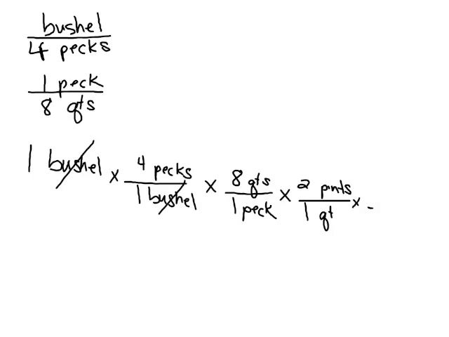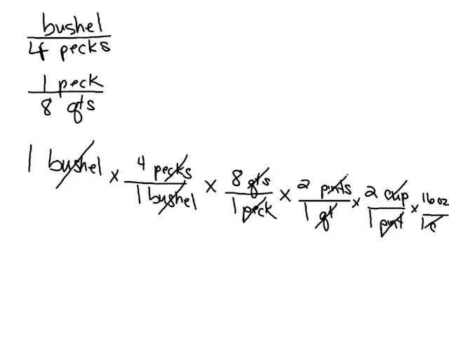And then pints to cups. How many cups are in a pint? 2 cups, 1 pint. And then cups to ounces. 16. Cups on top or bottom? Bottom. 1 cup, 16 ounces. Okay, make sure everything cancels. Bushels, gone. Pecks, gone. Quarts, gone. Pints, gone.